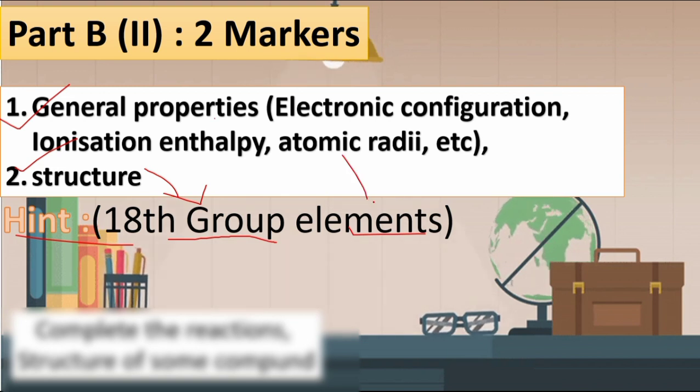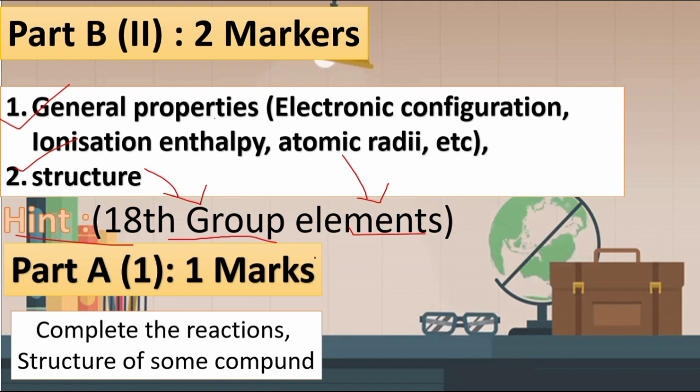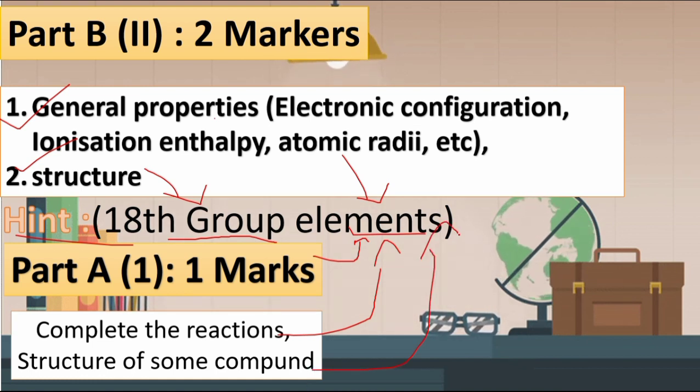Similarly, for 1 mark also they'll ask from the 18th group: complete the reaction, structure of some compound, everything. So the 18th group element is important for 2 marks and 1 mark. I am writing it huge so that you don't miss that 18th group.